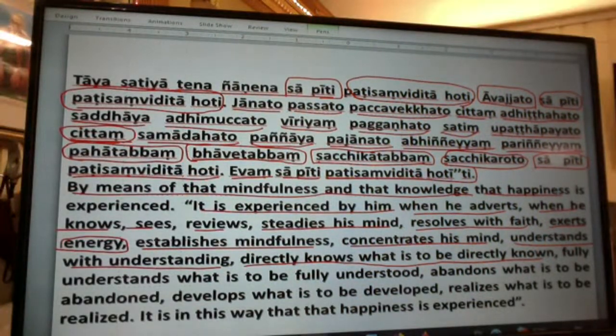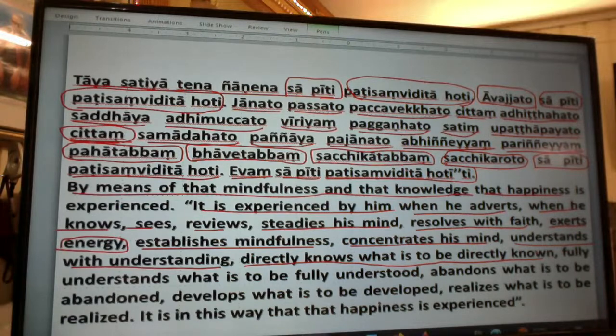The only way is trying to understand dukkha satya, the truth of suffering. When we understand the truth of suffering, we can easily remove the kilesa. That's why Abhinneyyam means we must understand the first noble truth of suffering.